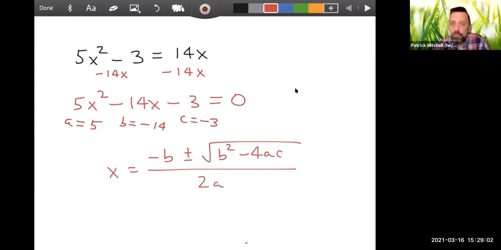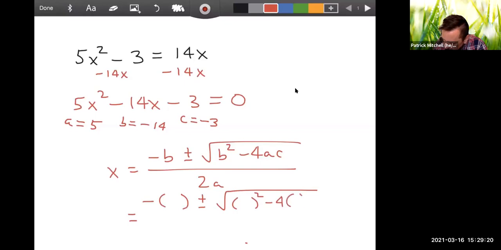The next thing that I recommend is writing the formula without the a, b, and c and just put blank parentheses there. So minus blank plus or minus the square root of blank squared minus 4 blank blank all over 2 blank.